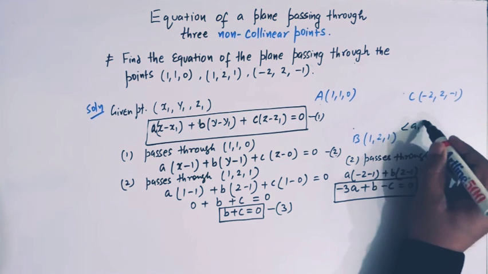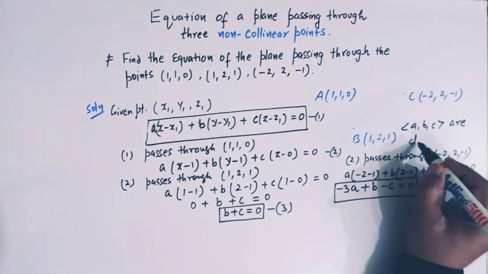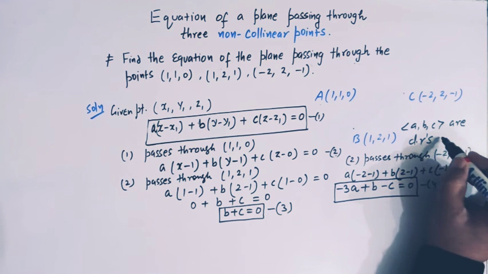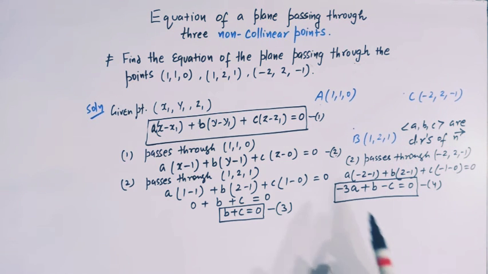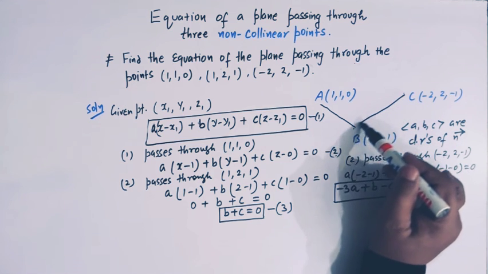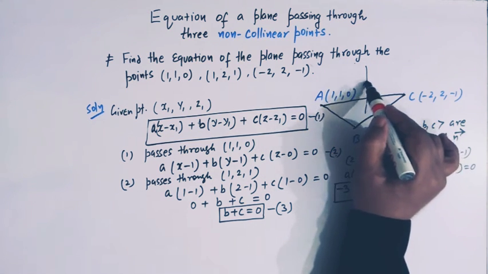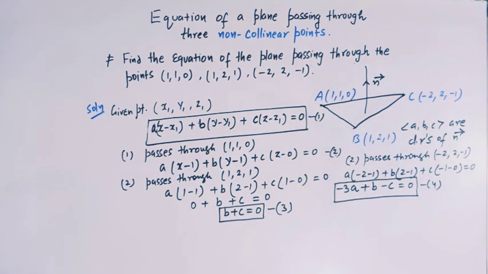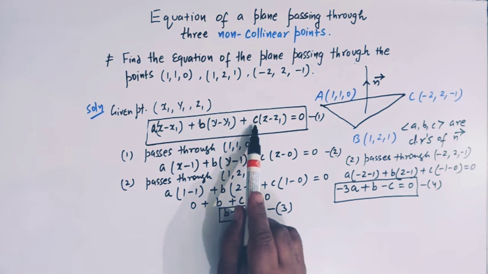Here a, b, c are the direction ratios of the normal vector to the plane. Suppose this is the plane, and then this is the normal vector. And this normal vector has direction ratios a, b and c. Clear?